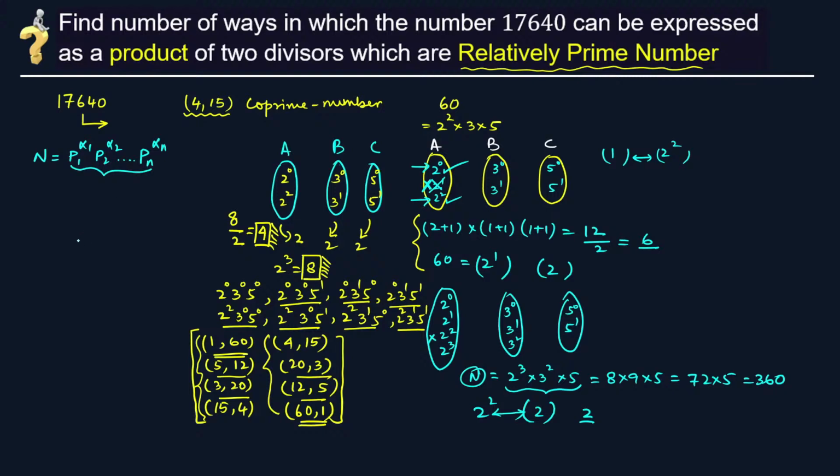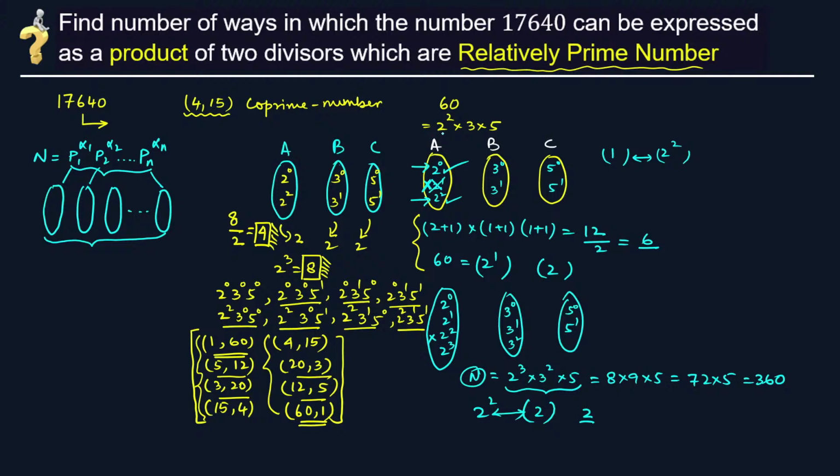Now if the question is, in how many different ways you can express n as a product of two divisors which are relatively prime. So you see, we are going to have n such sets. For P1, one set, P2, one set, P3, another set. And this thing goes on for Pn, the last set. So there are actually n such sets we can form.